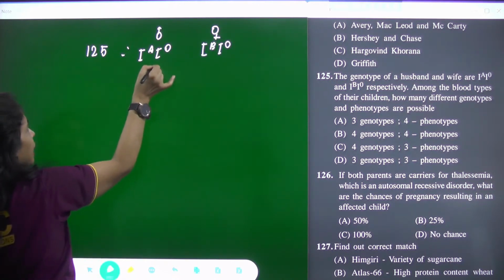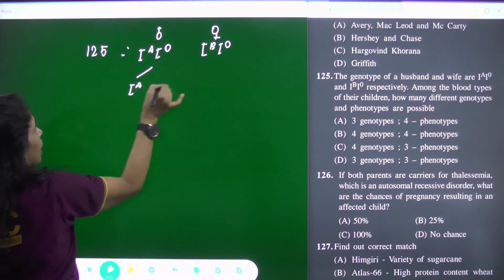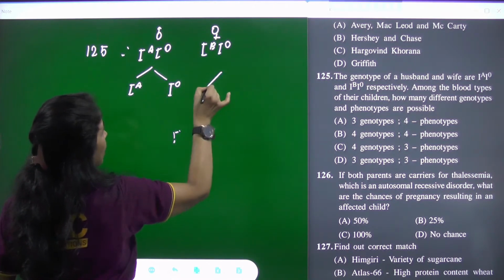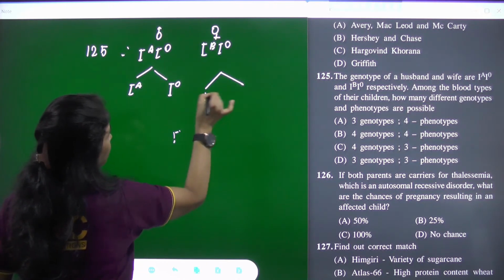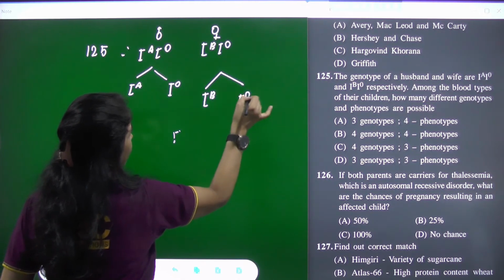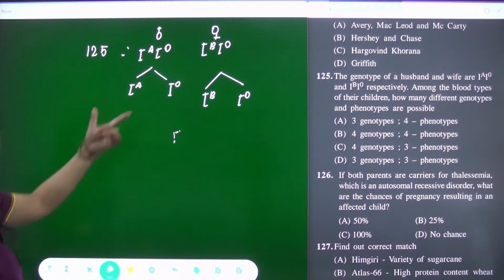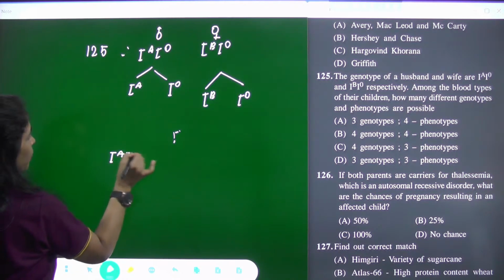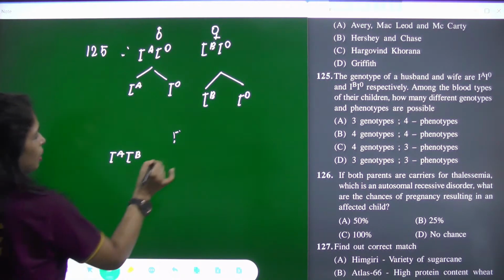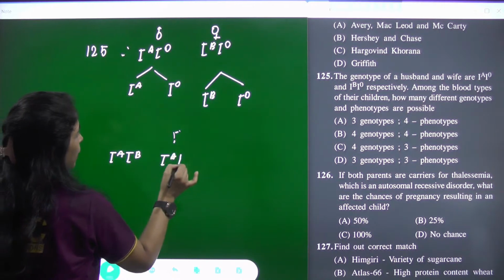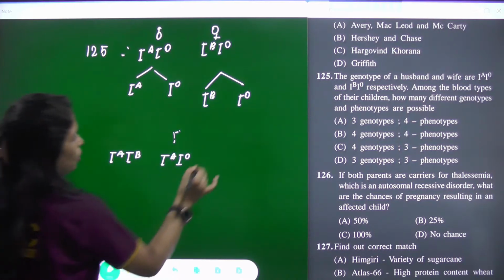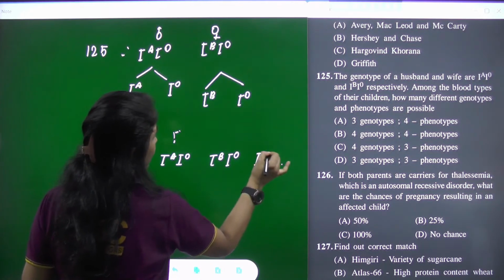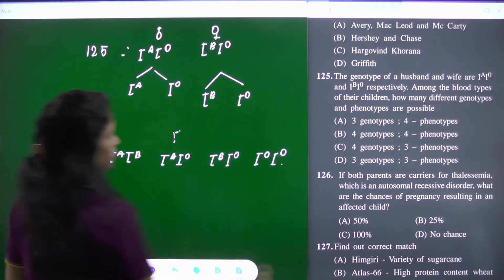So देखिए एलील क्या होगा? IA, IO, and from the female these are the alleles, right? So products easily you can find out. One combination will be IA, IB, one combination will be IA, IO, another will be IB, IO, and IO, IO.